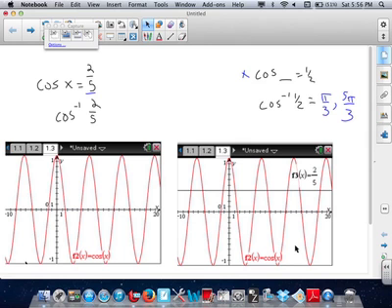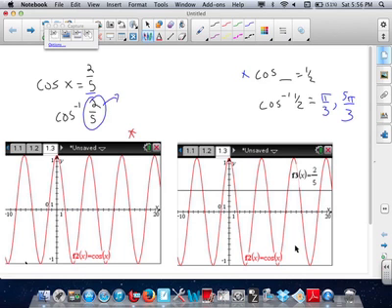Now, if you think about this, right here in red, I have the graph of cosine, several periods of that. This 2/5 number right here is actually a y value, and you can see in the graph here on the right, I do have that y value right here, 2/5.